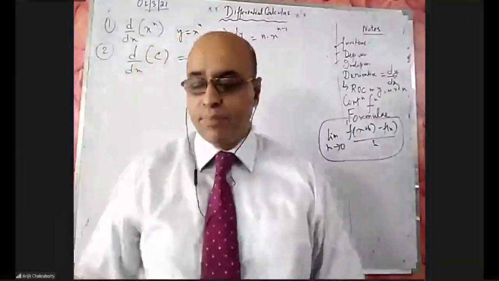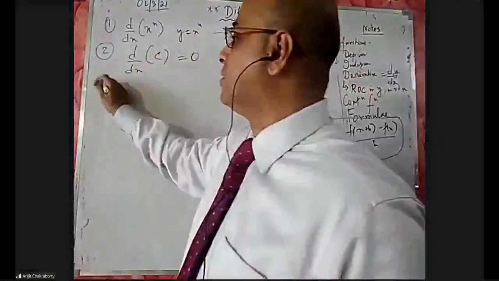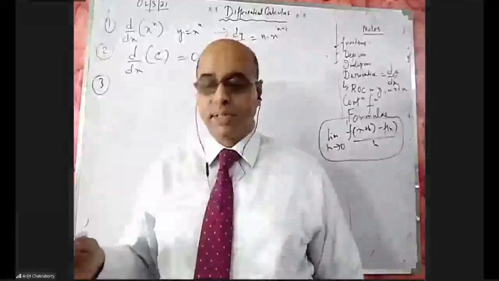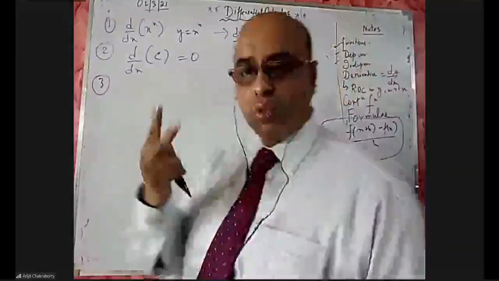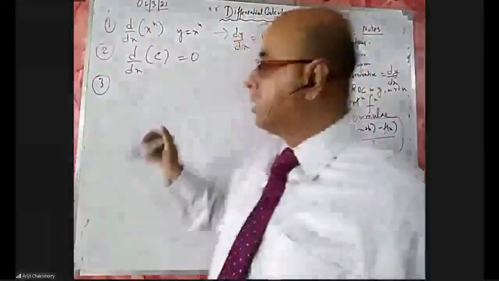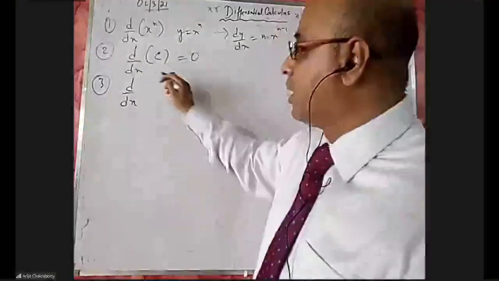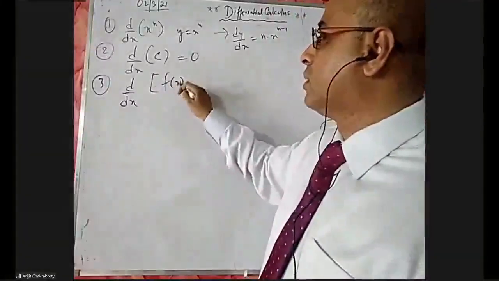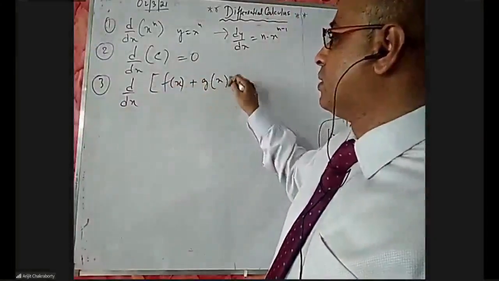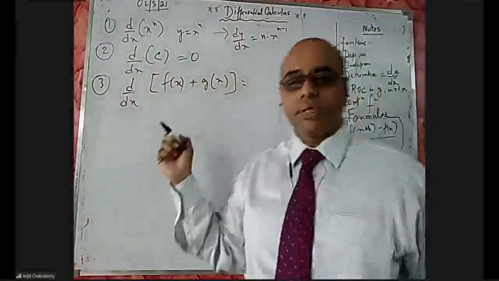Now we take a very simple formula, which you will understand in a few minutes. If there are two functions, the addition of two functions, we are trying to do d/dx of f(x) plus g(x). This will be very simple.